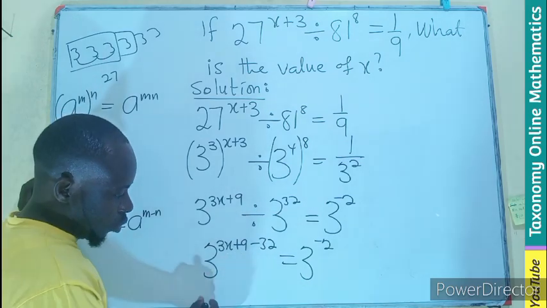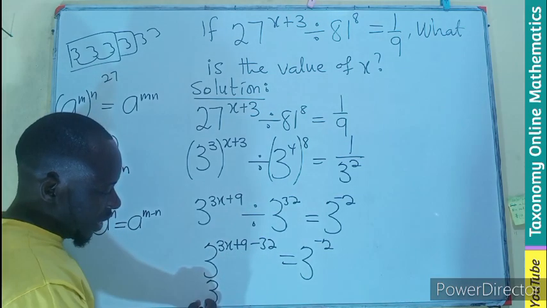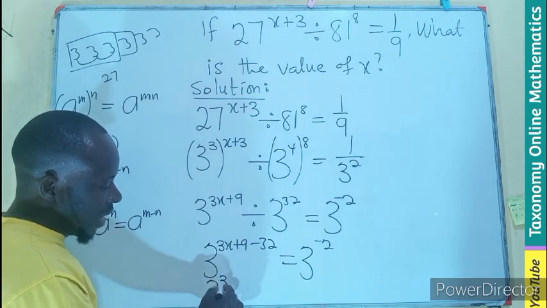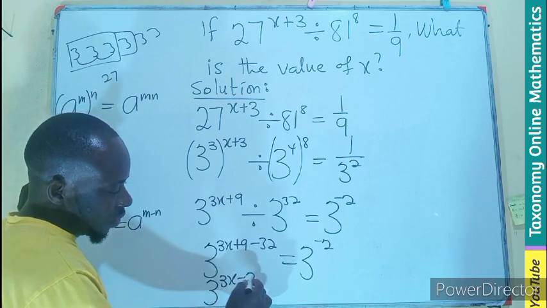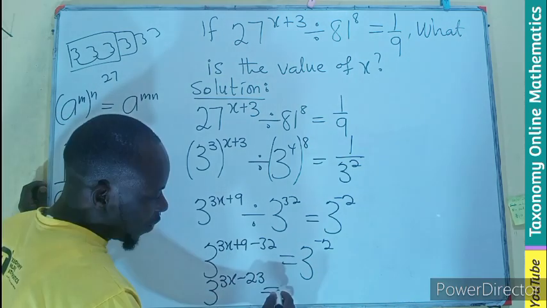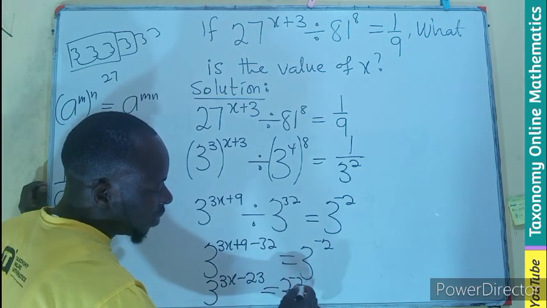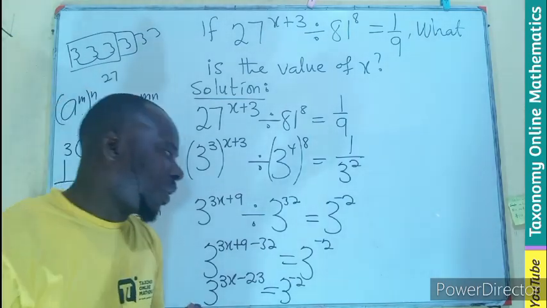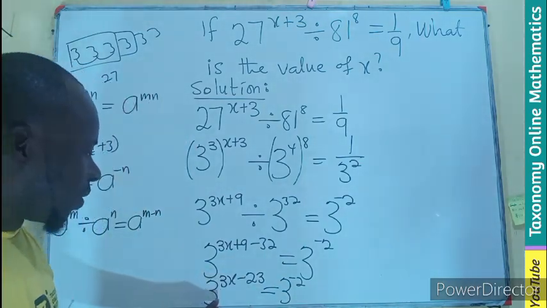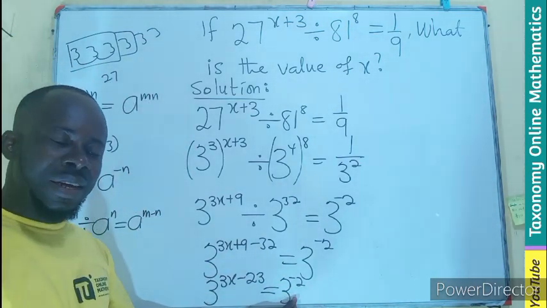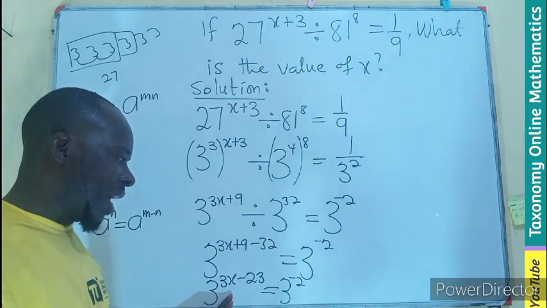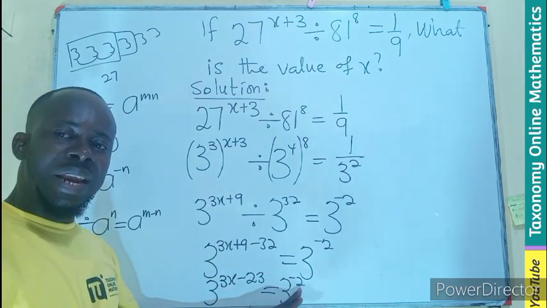So let's put it together in this form: 3 exponent of 3x minus 23 equals to 3 exponent minus 2. So now we have equal base, base 3, base 3. It means the exponent here is the same as the negative 2.